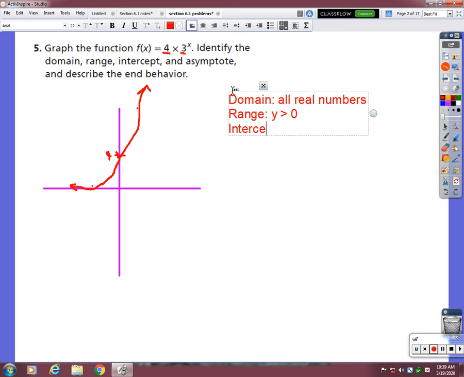The intercept is where it crosses the y-axis. That's this guy right here. So the y-intercept is at (0, 4), and the x-intercept is non-existent. It never crosses that old x-axis.